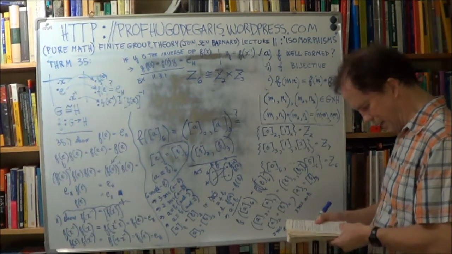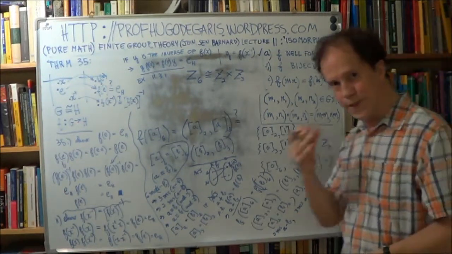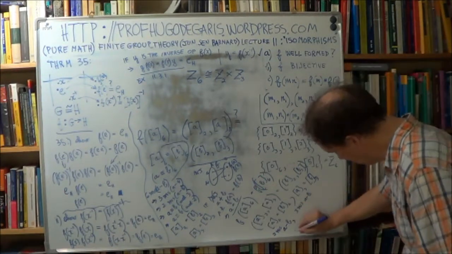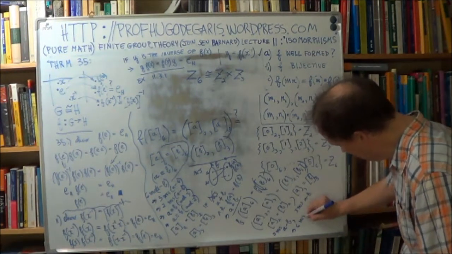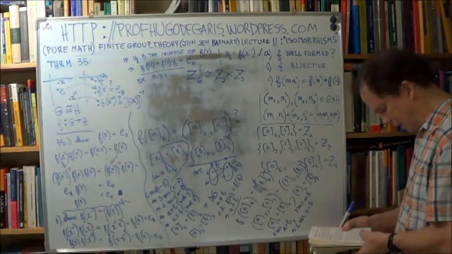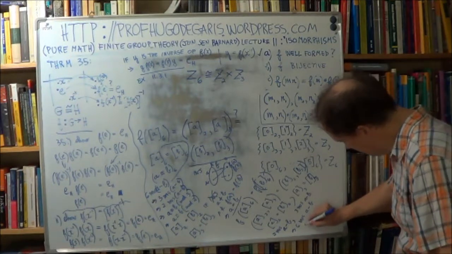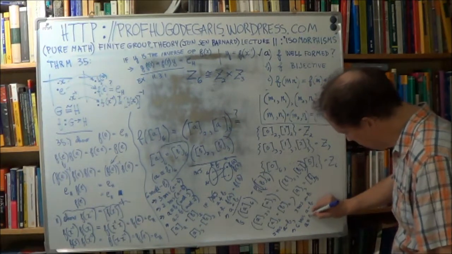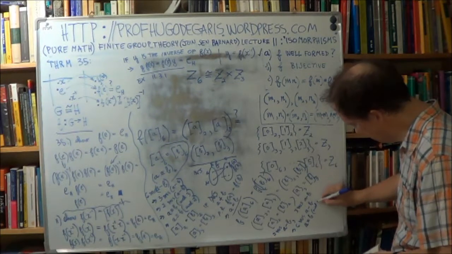Okay, and therefore now if 2 divides this and 3 divides it, therefore 6 divides it. So that implies 6 divides a minus b. So therefore a is congruent to b mod 6.